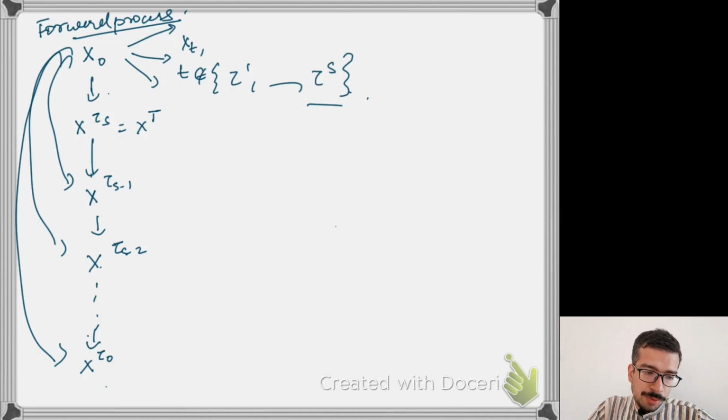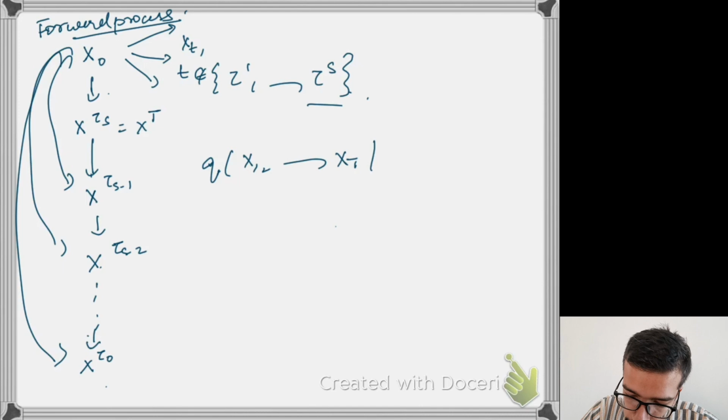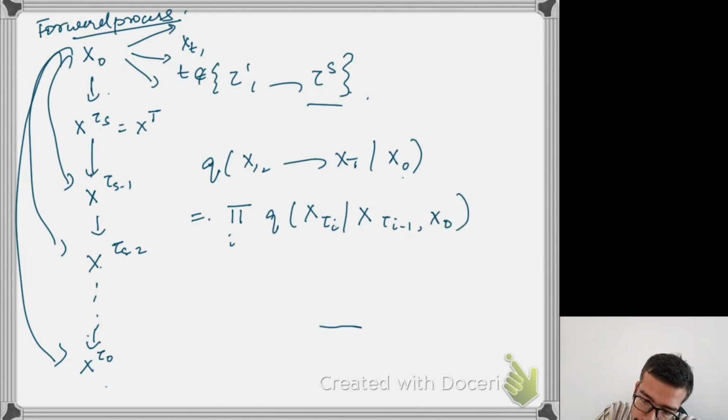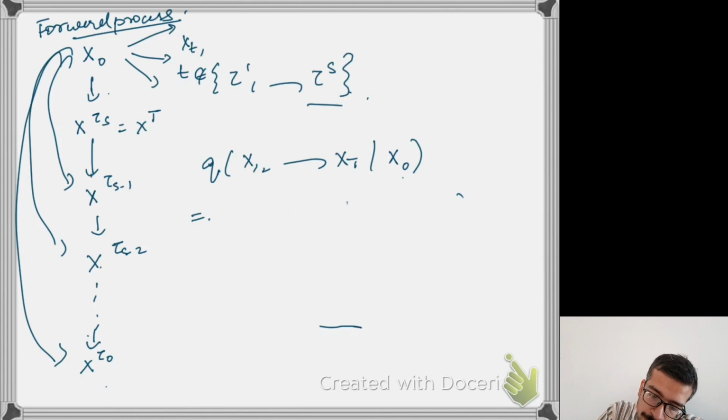Overall, the way I have defined the distribution q of x1 up to xt given x naught: first I have to define x tau s given x naught, and then I can do this.